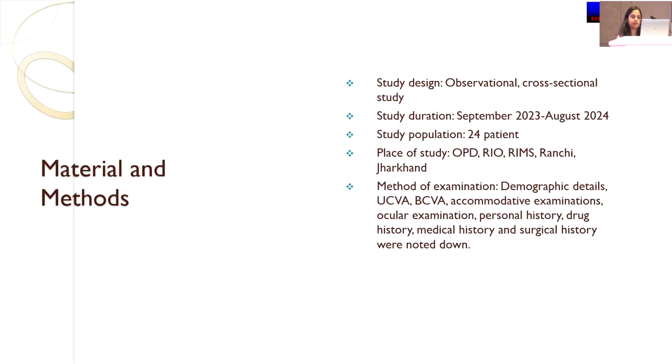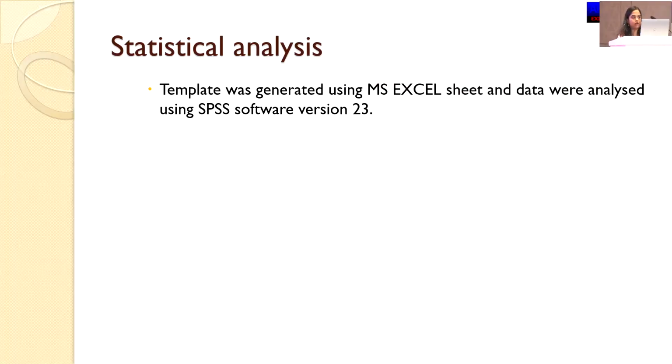Demographic details, uncorrected visual acuity, best corrected visual acuity, accommodative examination, ocular examination, personal history, drug history, medical history, and surgical history were noted down after taking consent from the patient. A template was generated using MS Excel sheet, and data were analyzed using SPSS software version 23.